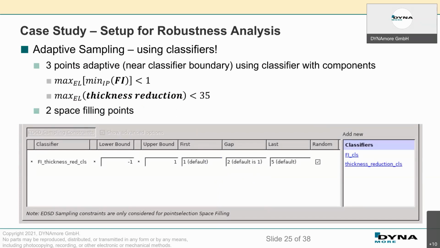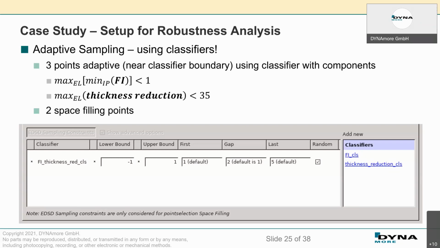And this is what the definition of the adaptive sampling looks like using classifiers. As I said before, you of course have to specify the classifier beforehand, which uses both the formability index and the thickness reduction in our case.